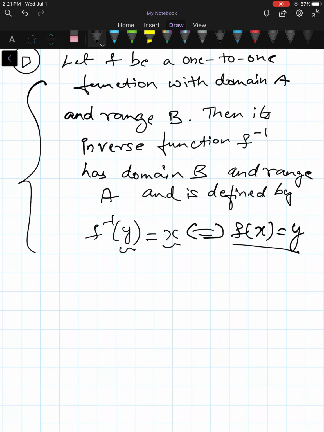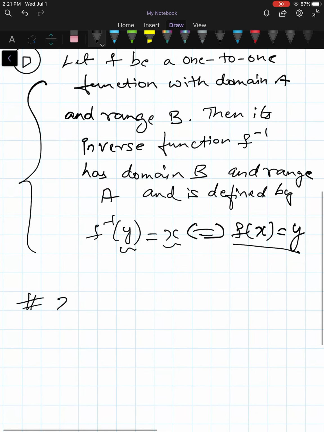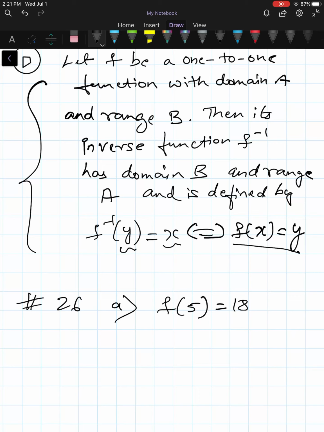For example, I will go for an exercise problem. So, finding the values of an inverse function, assume that F is one-to-one. So it is already given that whatever function they are giving as a question will definitely be a one-to-one function. So this is exercise number 26 in the book. Part A: F of 5 is 18.